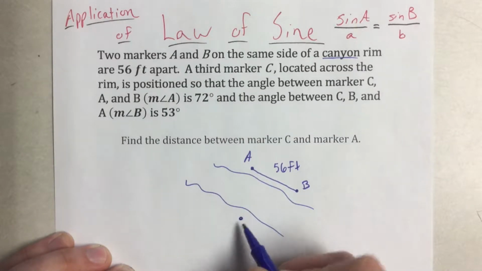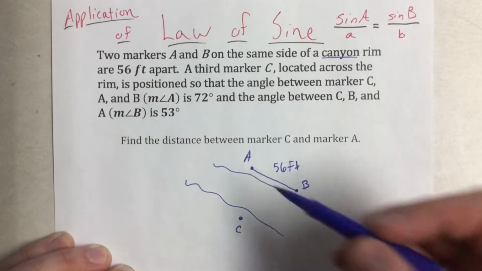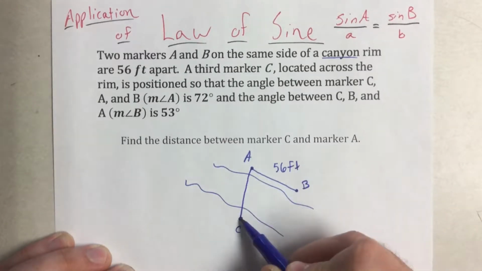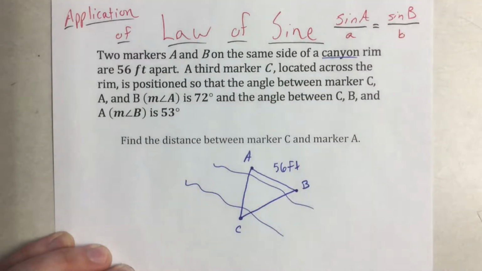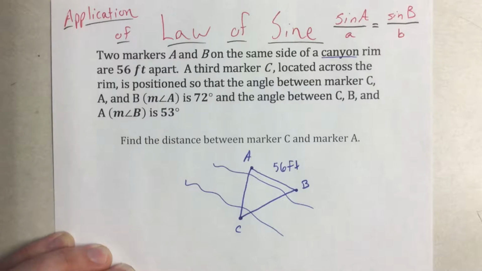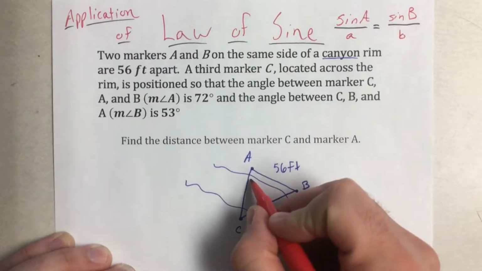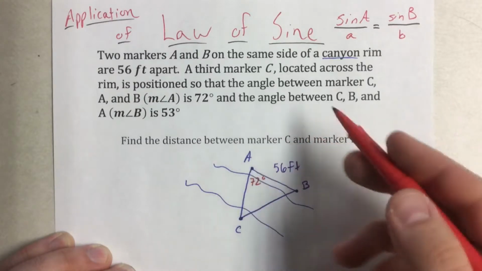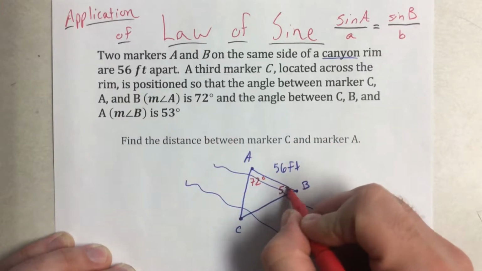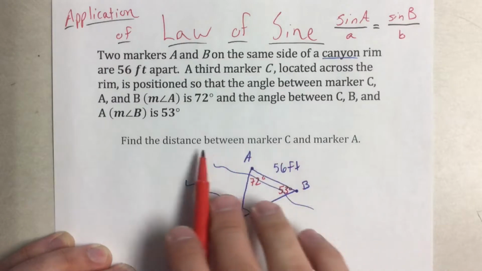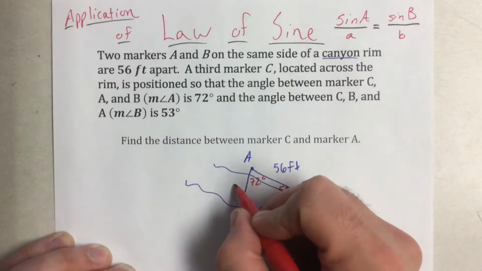So again, on this side we'll place marker C, and we have our 3 points to make the triangle. We are then told that angle A is 72 degrees, and angle B is 53 degrees. And we desire to know the distance between marker C and marker A.